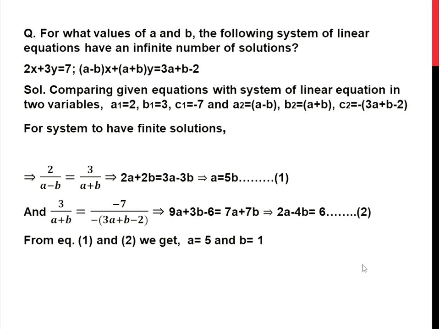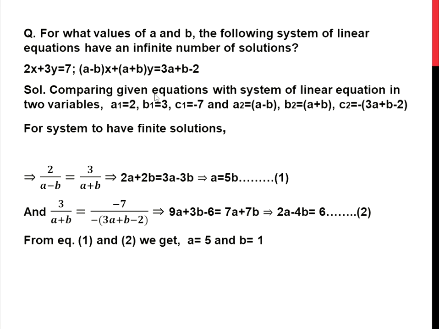Let us discuss an example. In this question, for what values of a and b, the following system of linear equations have an infinite number of solutions. Equations are 2x plus 3y equal to 7 and a minus b multiplied by x plus a plus b multiplied by y equal to 3a plus b minus 2.